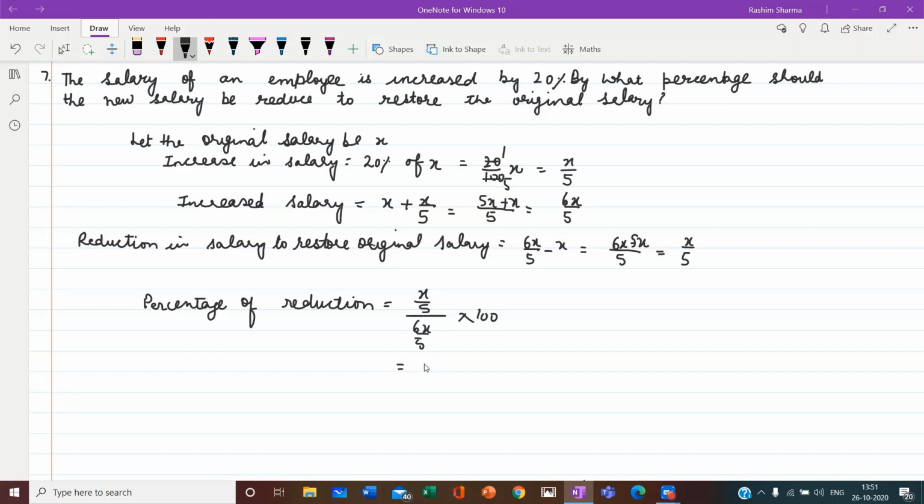So when we solve it, the denominator will reciprocate, into 100. 5 cancels with 5, x cancels with x, and 6 cancels here. 2 3 is the, and here 50. It means 50 by 3% should be the reduction. 50 by 3 means 16 2 by 3%.